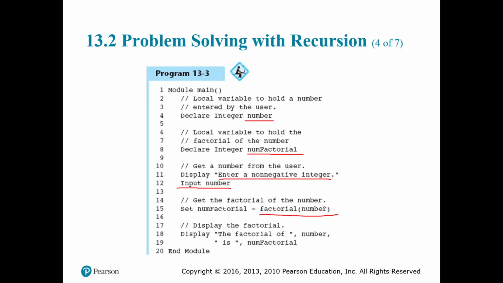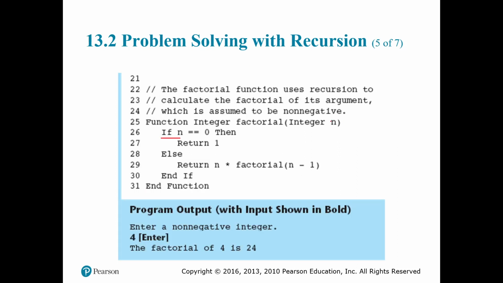We would send what the user entered, and this is where it would go. And then if that number equals 0, then we would just return 1 because 0 factorial equals 1. However, if it's not, then we would return n multiplied by, and then we call our function again, but instead of calling it with n, we're calling it with n minus 1.